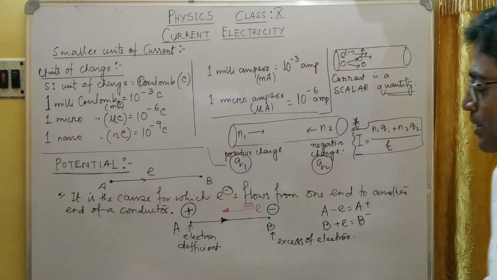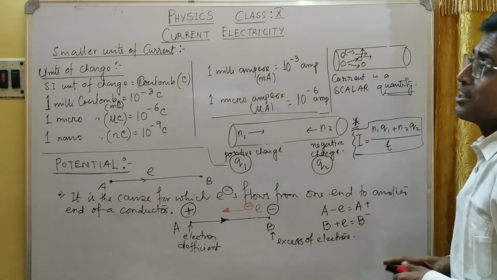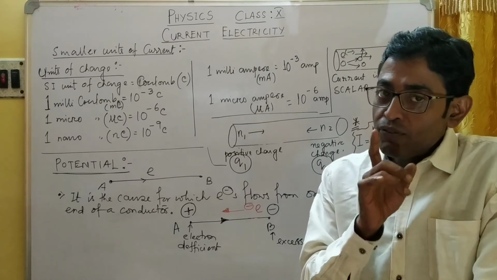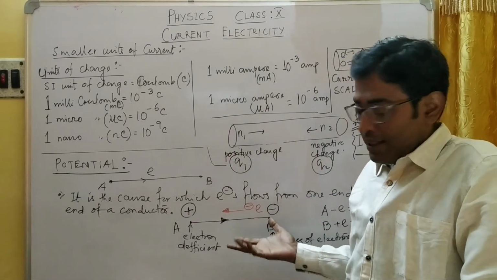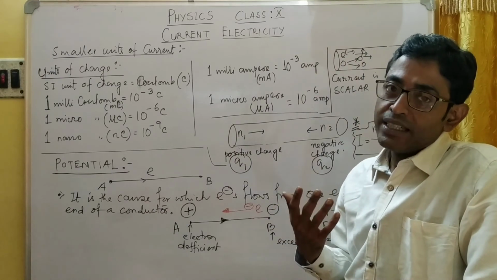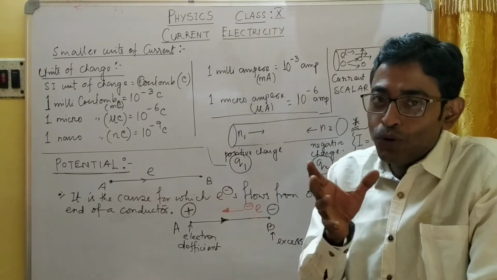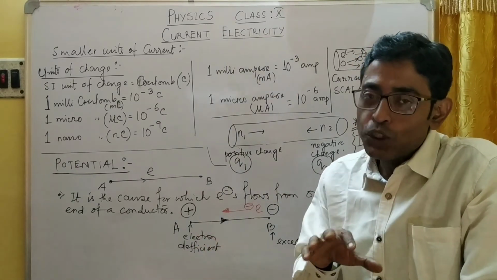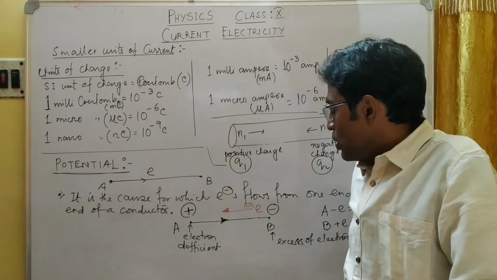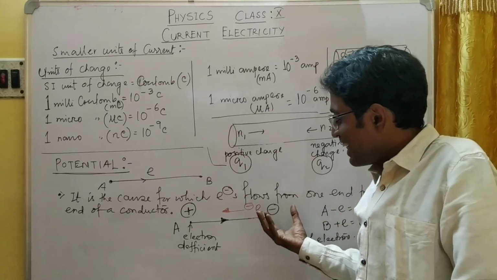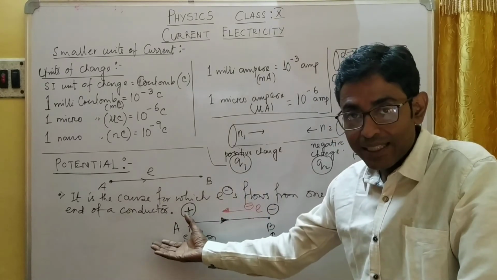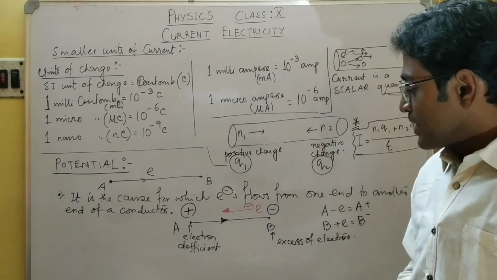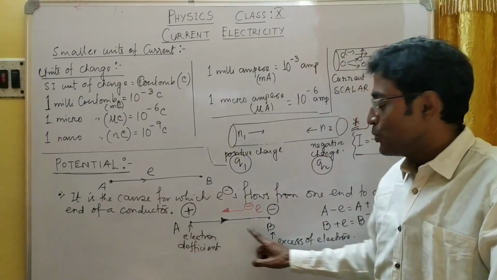Why is it like this? Remember, there is a convention, a rule, that is maintained all over the world. This is the logic: anything will flow if it has a chance to flow from an excess region to a deficient region. In chemistry also you will learn this type of thing. So electrons move from an excess region to a deficient region. That is the direction in which electrons are flowing. And we say conventionally that current flows from the positive to the negative end.